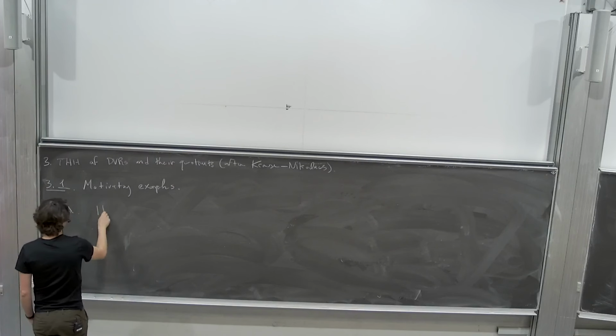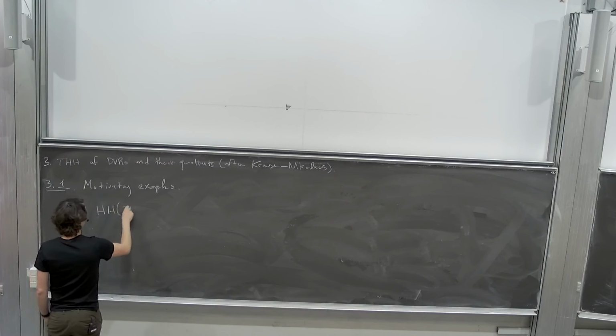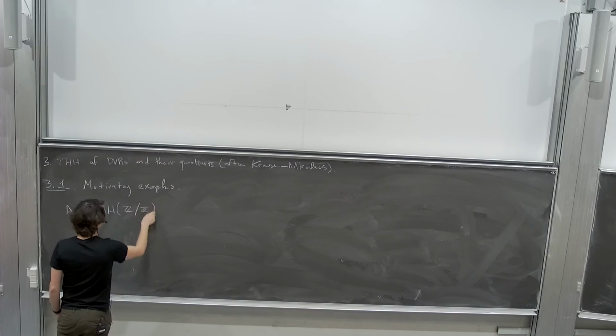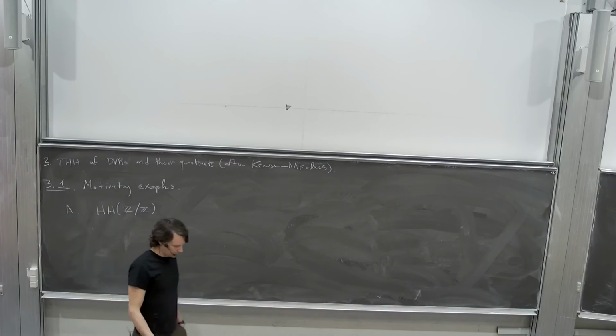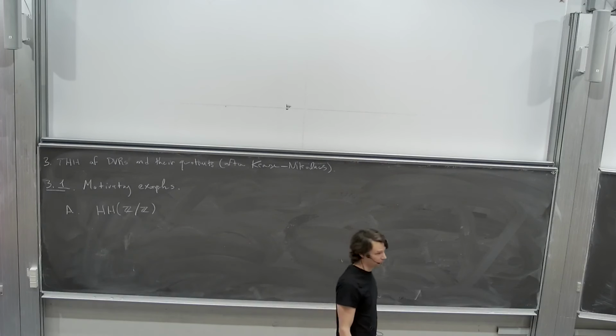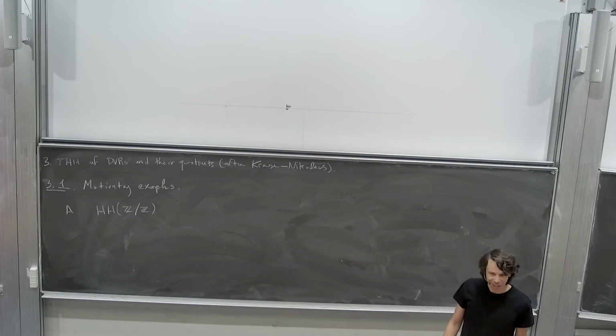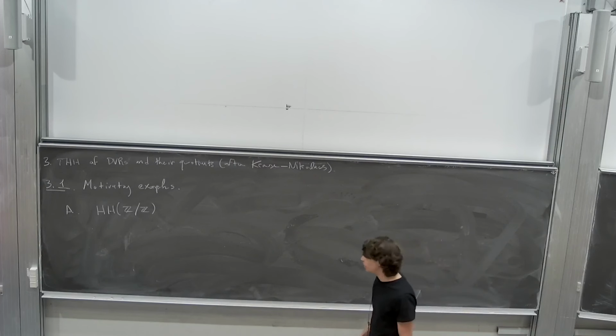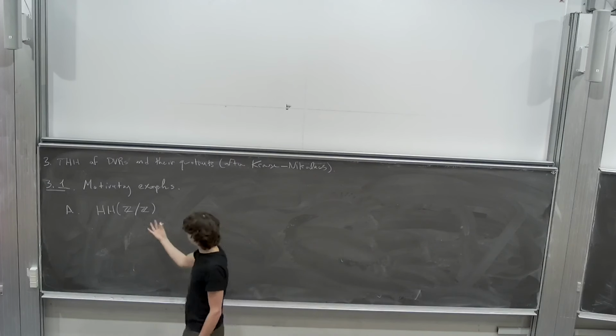I want to study the Hochschild homology of Z over itself. And I'm going to do this in an inefficient way, because it'll serve to illustrate a little bit about what's going to happen later.